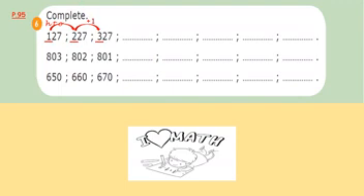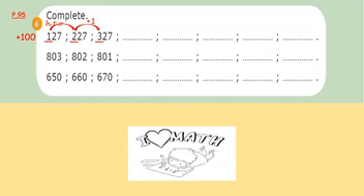So I said each of these 3 numbers is increasing by 100 because the digit which is changing is the hundreds digit. So here in this pattern, I move forward by 100.